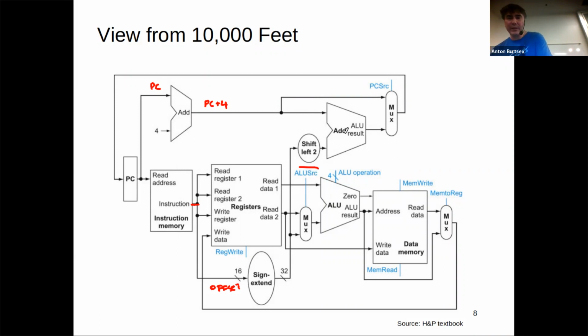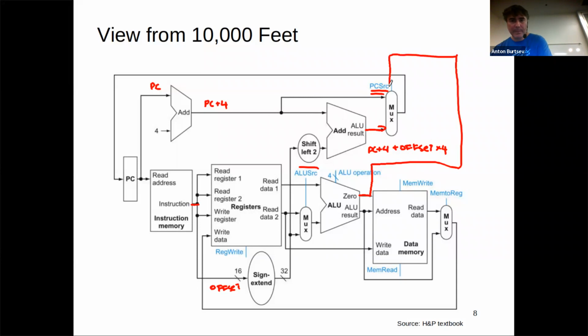So now everything is fine. This ALU essentially adds PC plus 4 plus offset multiplied by 4. We provide it to the multiplexer, and this control signal, which should be connected like this, will decide which one to use.